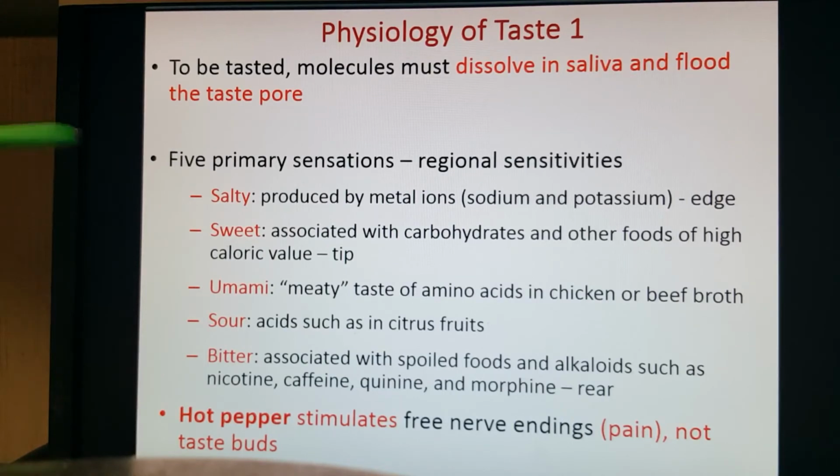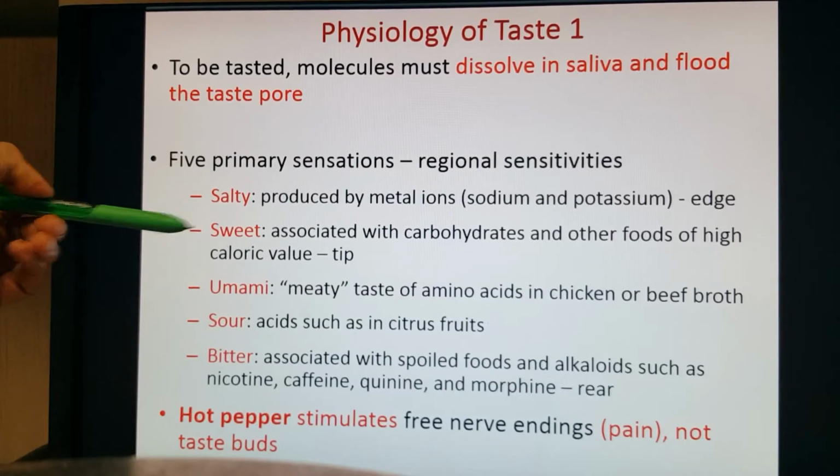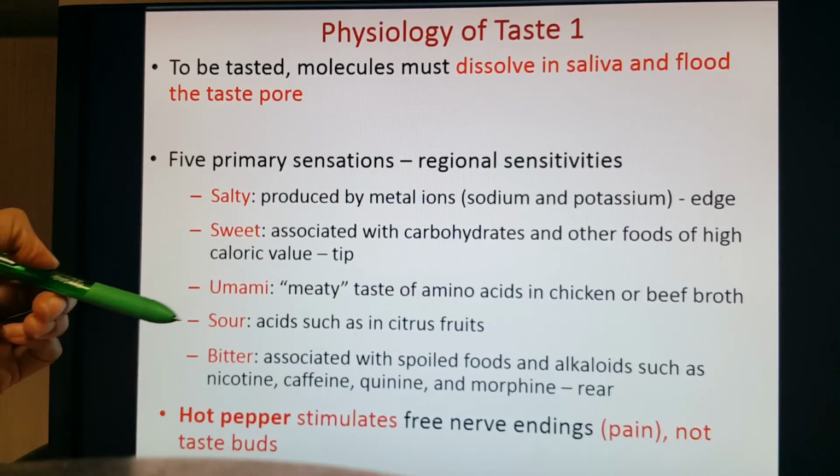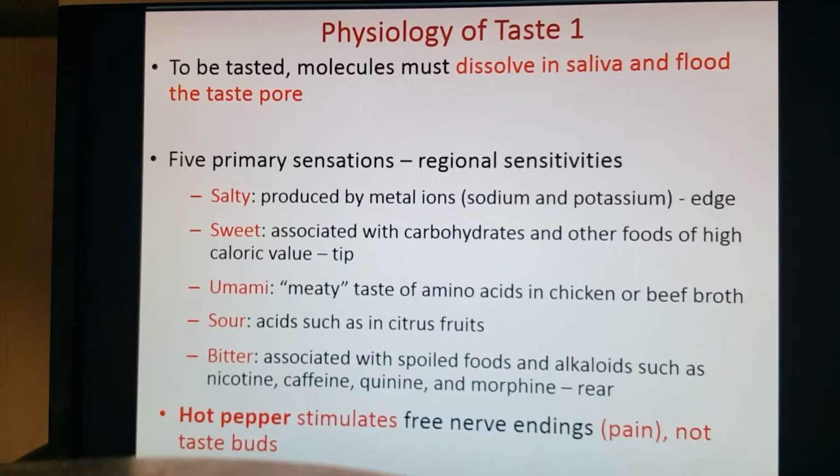So here's your 5 taste sensations. You have salty, sweet, umami, which is a meat taste, sour, and bitter. The spicy taste that is in a lot of foods is actually not an actual taste. It's due to the capsaicin or other chemicals in that spicy food that stimulates pain receptors, not taste buds.